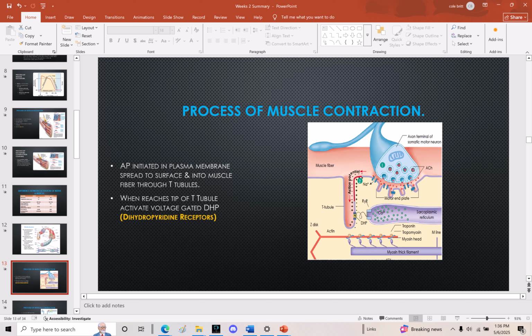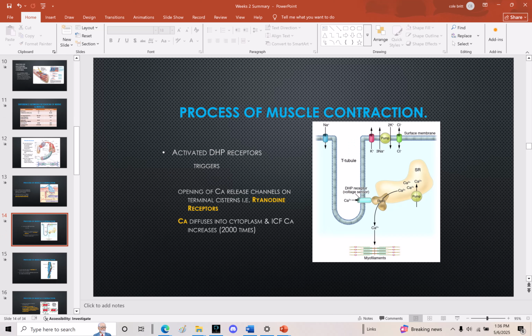Okay, so our calcium's being removed from our sarcoplasmic reticulum, from energizing this DHP receptor, so our calcium comes out. Opens up binding sites by removing troponin and tropomyosin.